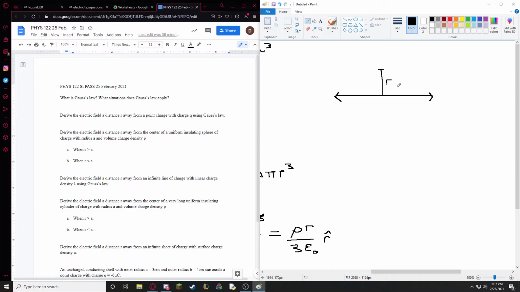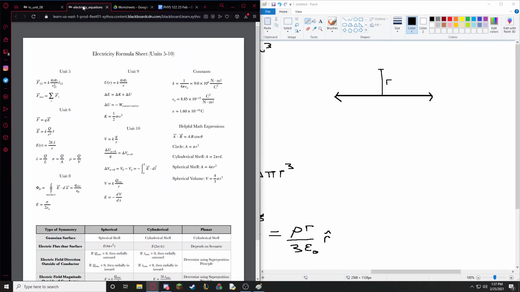By the way, does anyone know what this would be? Because it's actually in your equation sheet. What's the electric field a distance r away from an infinite line of charge? It would be 2k lambda over r.